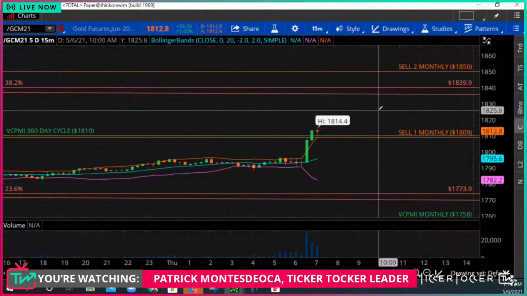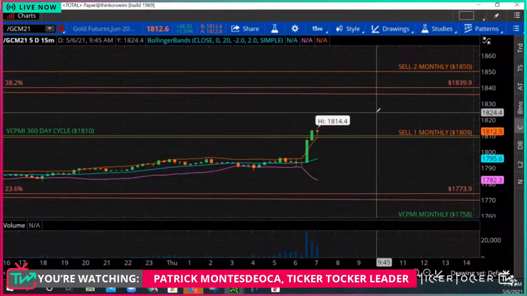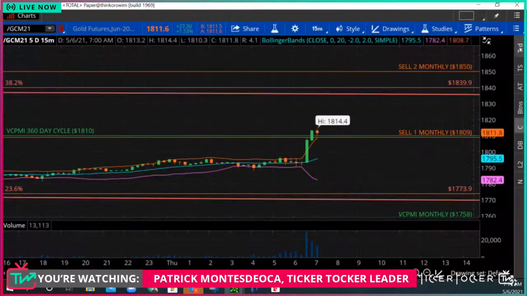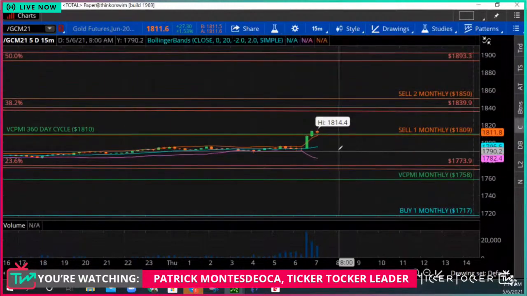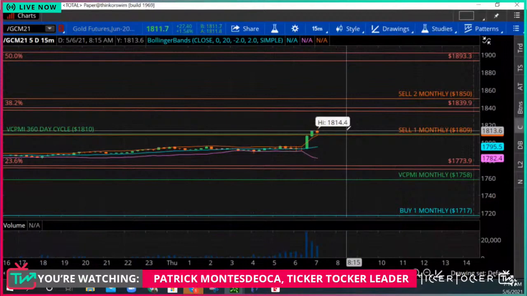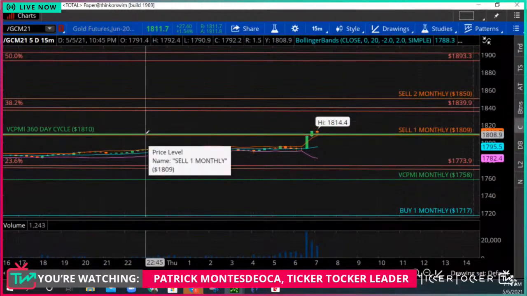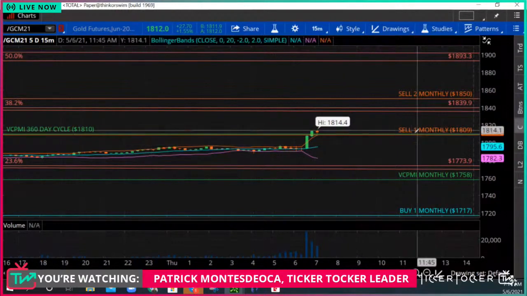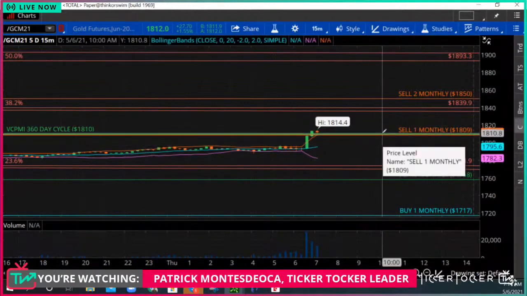because in my experience, when you start getting into this red level, particularly when you start trading the longer-term signals, the probabilities are pretty high that we're going to see some supply come into the market. From a mathematical point of view, you're looking at a 50-50 standard deviation on the average price and a 50-90 standard deviation on the monthly signal from 1809.